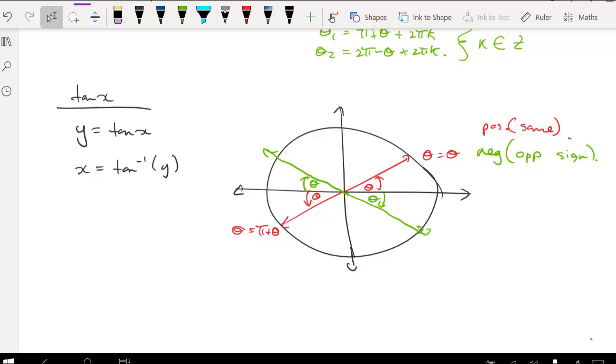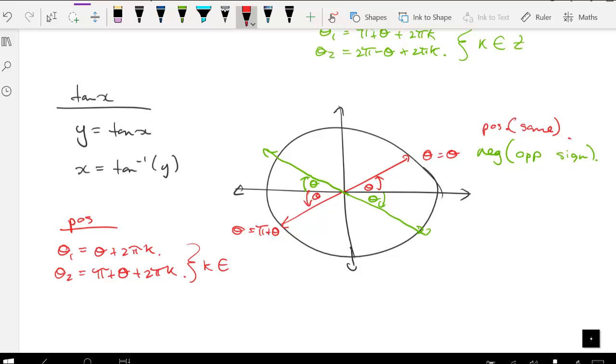Okay, so we end up with our solutions for the positive. Our first one being theta plus 2 pi k for all the coterminal solutions as well. Theta 2 being pi plus theta plus 2 pi k, where k is an element of a set of integers.